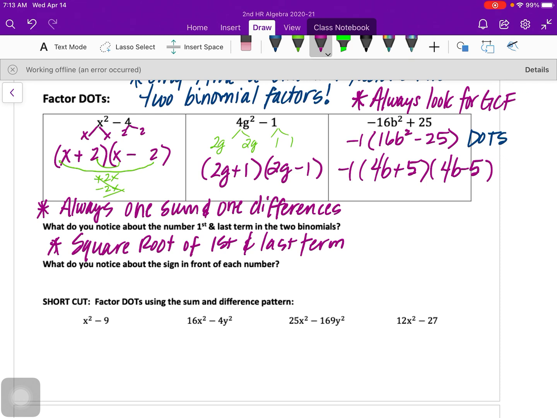Like in the middle problem, the square root of 4g squared is 2g. The square root of 1 is 1. In the last problem, the square root of 16b squared is 4b. The square root of 25 is 5. So it's always going to be the square root of the first and last term.